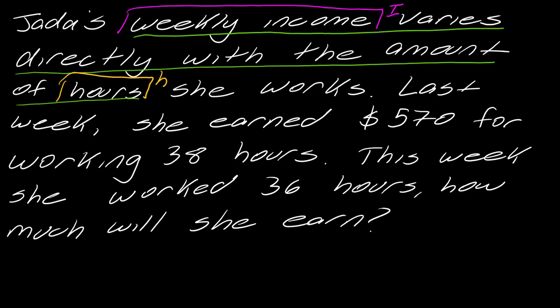Now we can reformat this: I varies directly with H is really the way we can think about that. The rest of this will work the same. If you want to pause and try the problem, go for it.